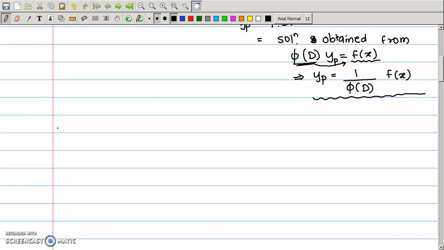So there are different methods of solving to find particular integral. So we discuss all the methods of solving one by one. So methods to find particular integral. First method that we are going to discuss is general method or general formula method.